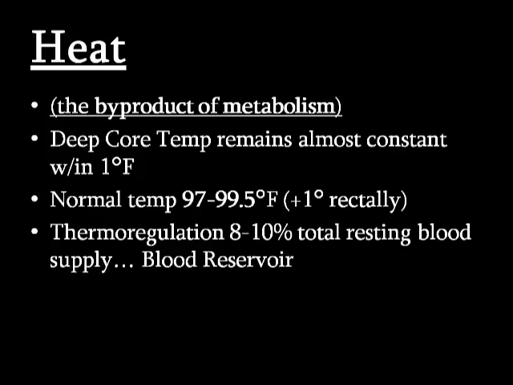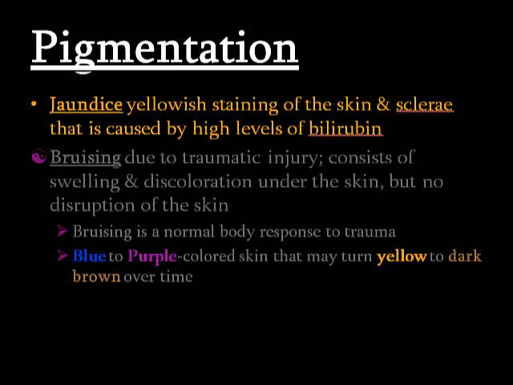Heat production is regulated through the nervous system. The nervous system controls the diameter of blood vessels, including your ability to sweat. You should know what normal body temperature is in Fahrenheit and in Celsius by referring to your notes and the textbook. Color in the skin. There are some terms that you should know clinically referred to as jaundice.